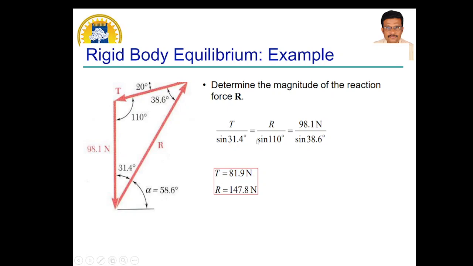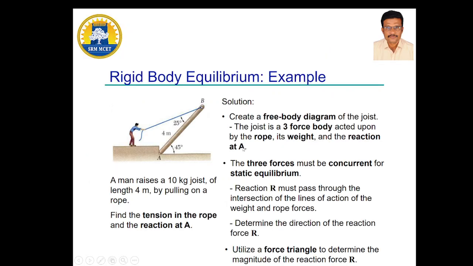Then to find the reaction, equating 2 and 3, R by sine 110 is equal to 98.1 divided by sine 38.6. There is only one variable in equations 2 and 3, so we can find R. Solving these we get R equal to 147.8 Newton.